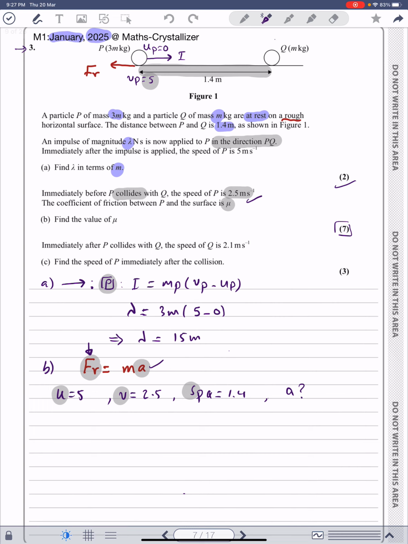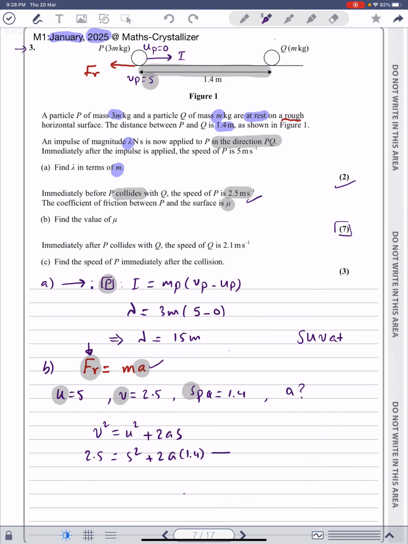Then I have to remember the next step: the fastest, easiest formula that contains u and v from the SUVAT formulas, which is v squared equals u squared plus 2as. v is given, u is given, a is what we want, s is given.